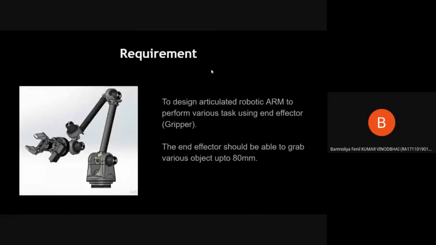In our case, we have taken the robotic arm as an example, and throughout this session we will work on it. The basic requirement of the robotic arm is that at the end of the arm there will be one gripper which can perform several tasks, and there are multiple components we need to consider during the process.